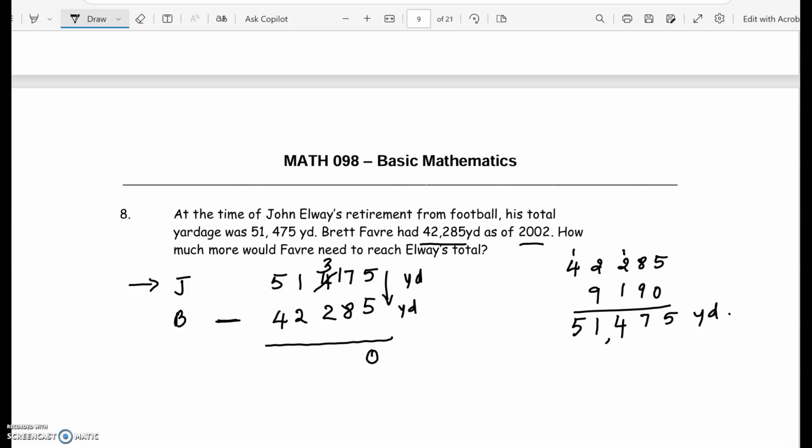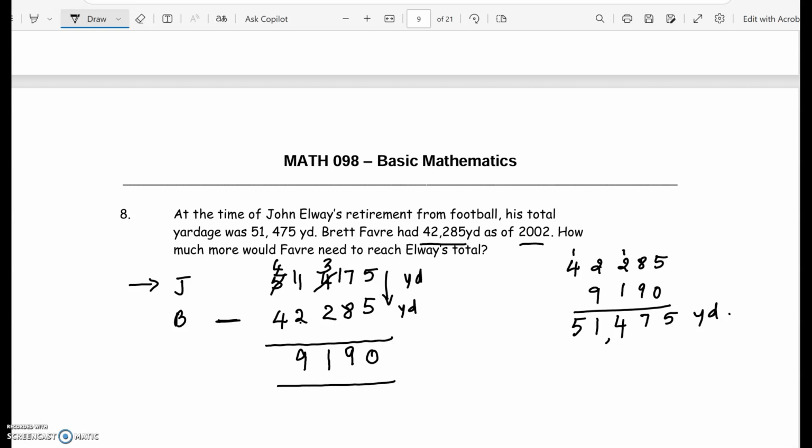That becomes a 17 and 4 becomes a 3. 17 minus 8 is 9. 3 minus 2 is 1. 1 minus 2 is not possible. We borrow a 1, which makes it 11. 11 minus 2 is 9. So we have an answer of 9,190.